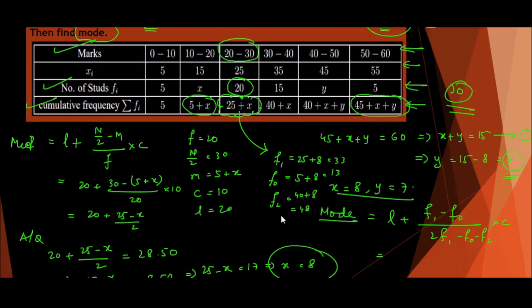Put f1, f0, f2 in the formula. C you already know is 10, and L is 20. So plug all these things in the formula, and finally you'll get your answer for the mode.